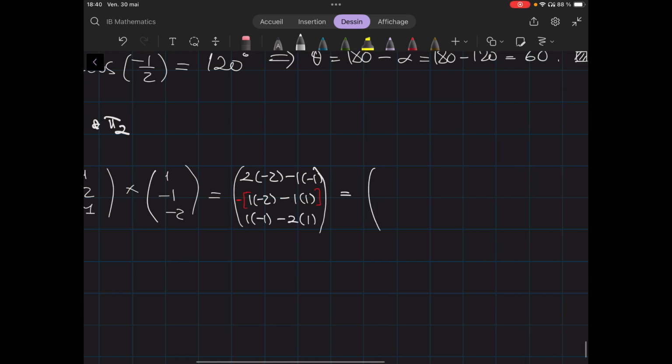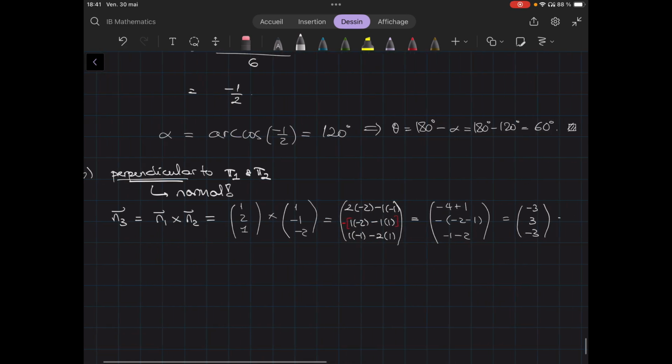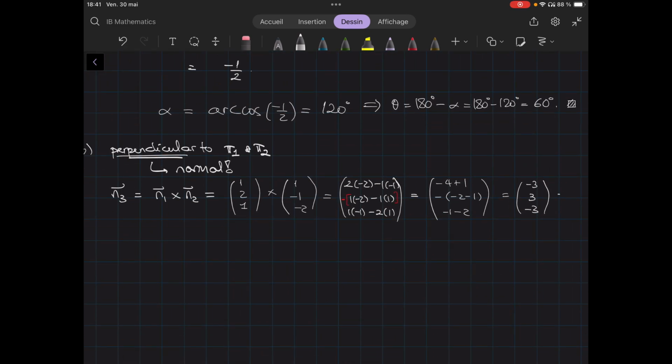And this will give you -4 plus 1, negative 2 minus 1, and -1 minus 2, or -3, 3, and -3. We don't have to use this normal.